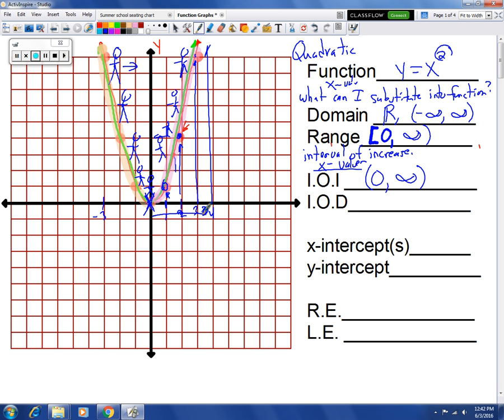Alright, interval of decrease. Let's talk about interval of decrease. Okay, so this brown highlight is the section of the curve where he's decreasing. Where does he start? Now again, x values. So way up here, he's starting to decrease.